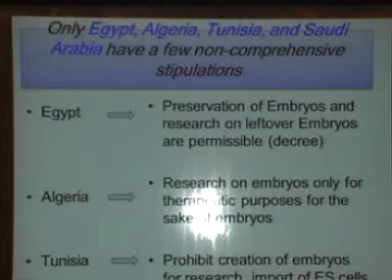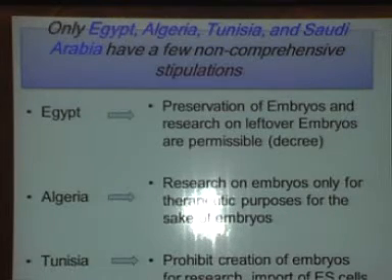But only very few countries have some regulations. For example, in Egypt, the preservation of embryos and research on leftover human embryos are permissible by decree of the Ministry of Health. And Algeria is a little bit prohibitive. Research on a human embryo only for the sake of the embryo itself is permitted.